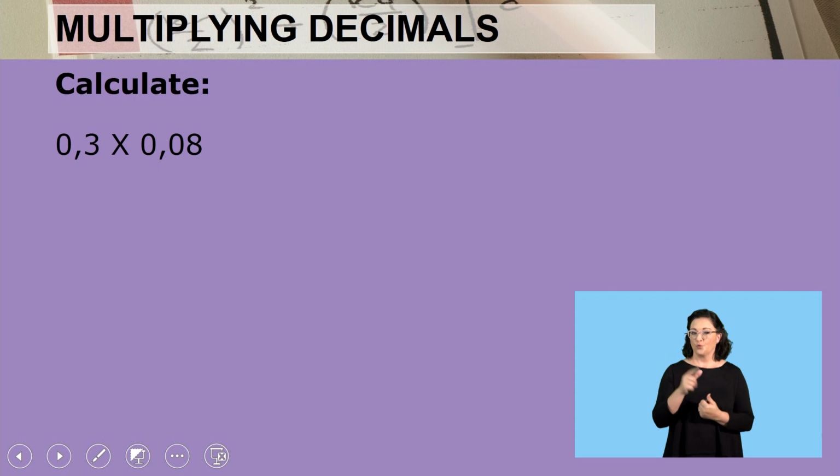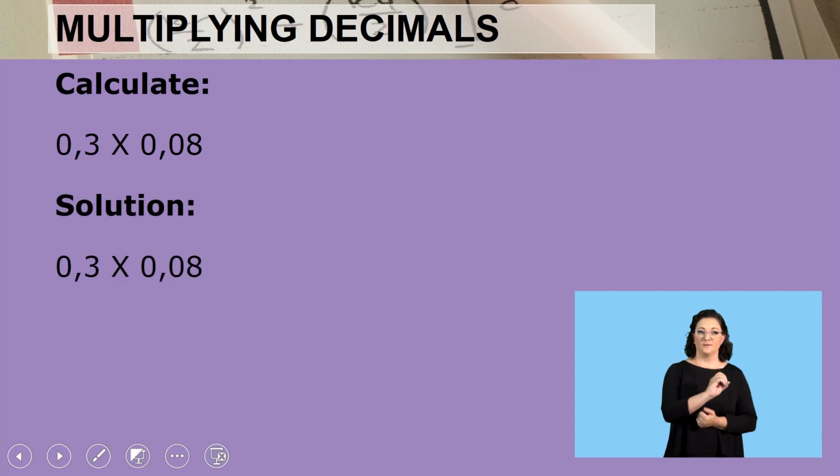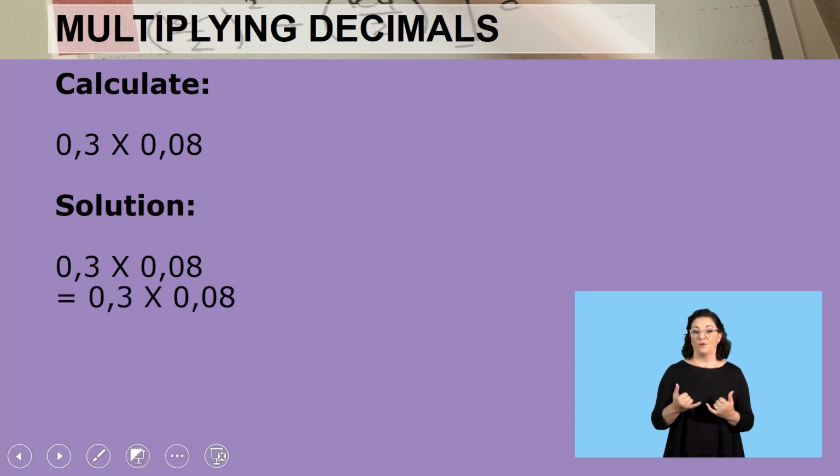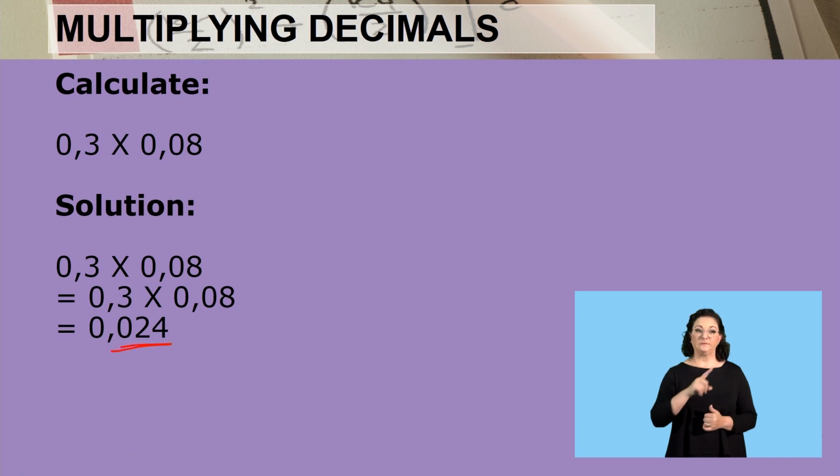Let's look at a solution. 0.3 multiplied by 0.08. We now know we are going to have 3 decimals. As we multiply, the 3 and the 8 should give us a 24. But this is how we would present our answer because we're looking for these 3 decimals. Does it make sense? Let's look at one more example.